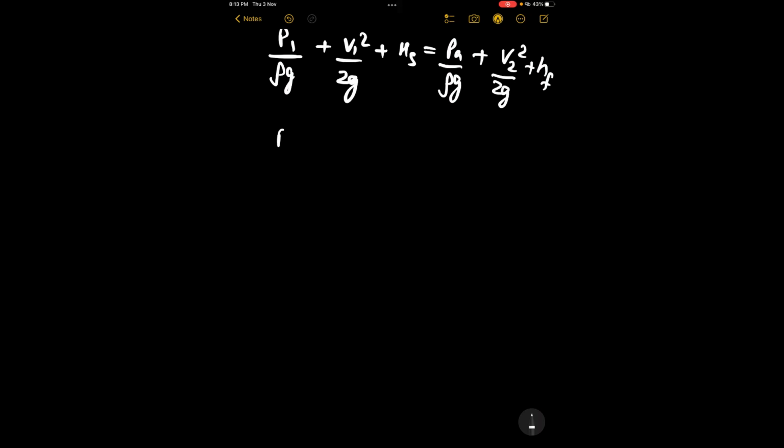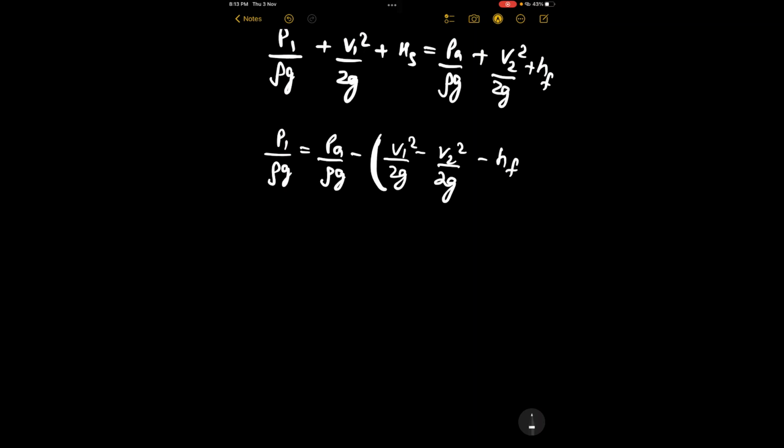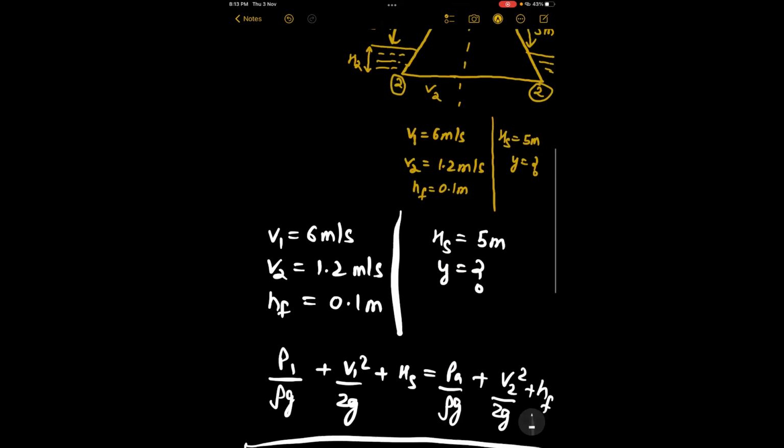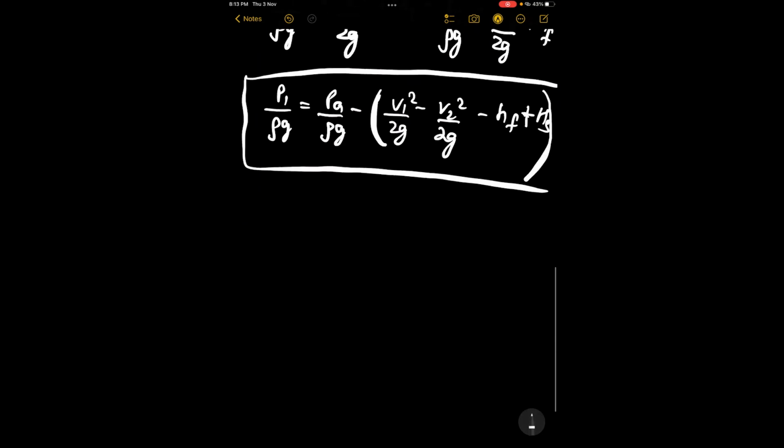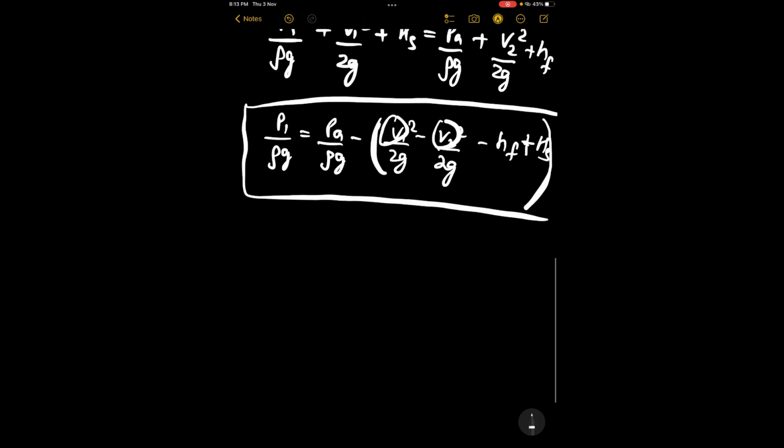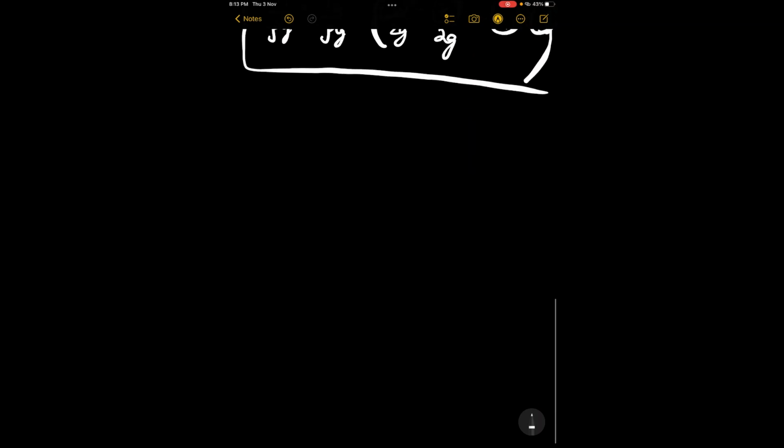So let's start. You have p1 by rho g equals pa by rho g minus v1 square by 2g minus v2 square by 2g minus hf, and this will be minus or plus hs. So this is what you get after applying Bernoulli's equation between these two sections. You know the value of V1, V2, HF, HS, so put them in.